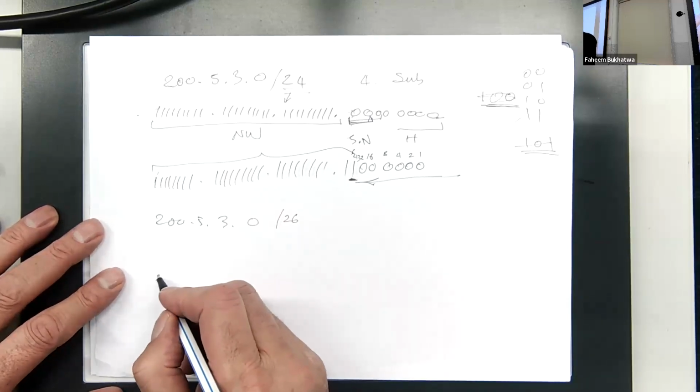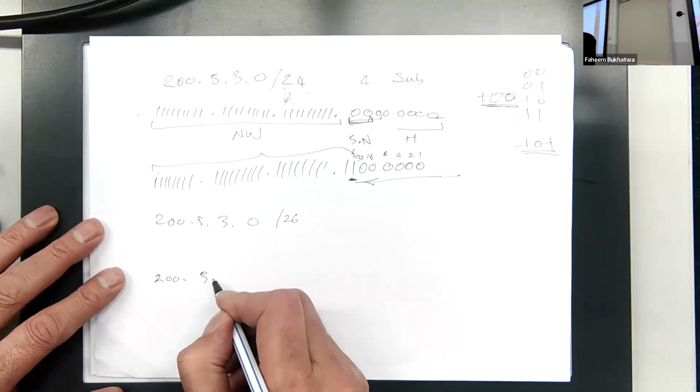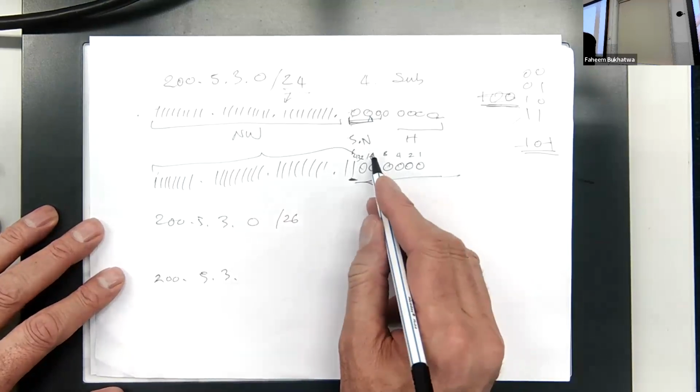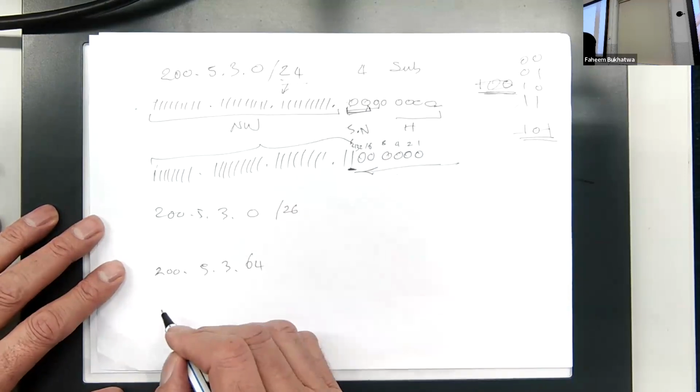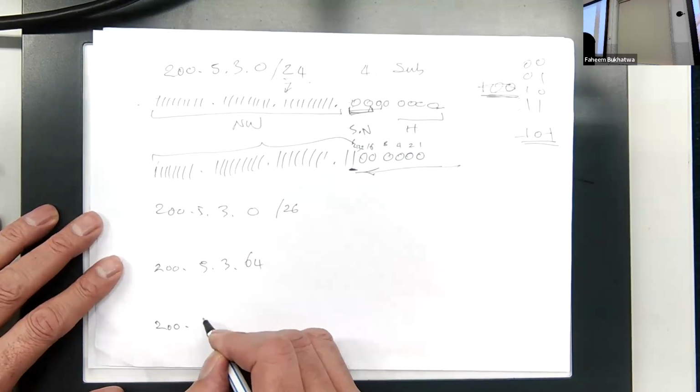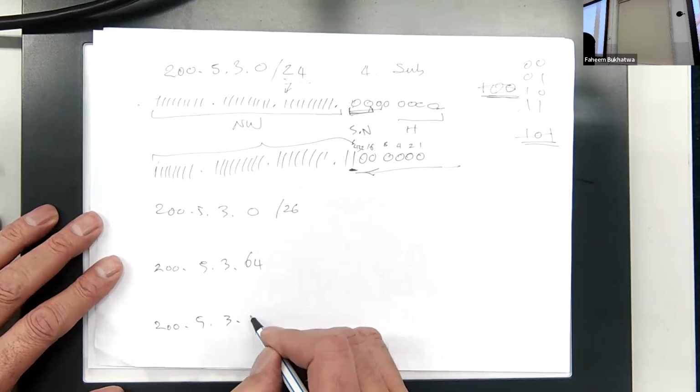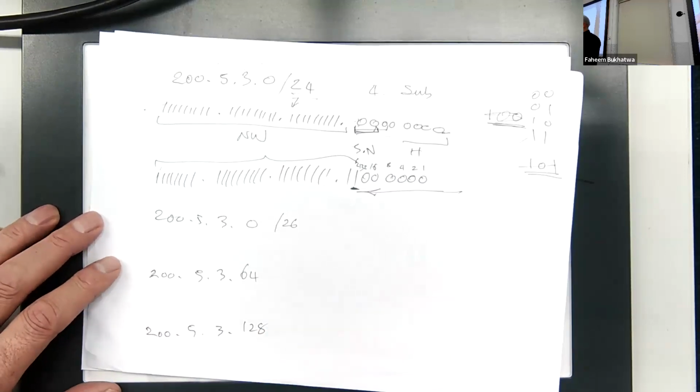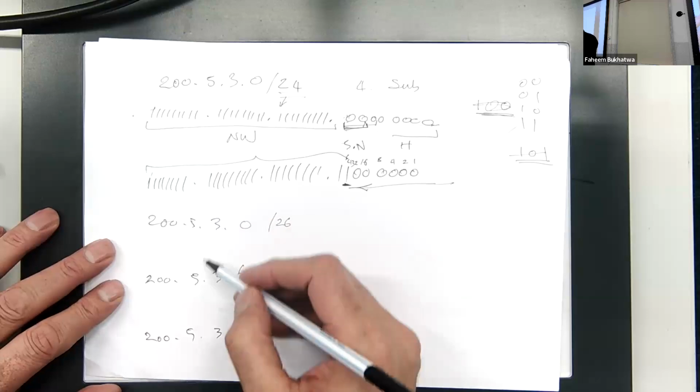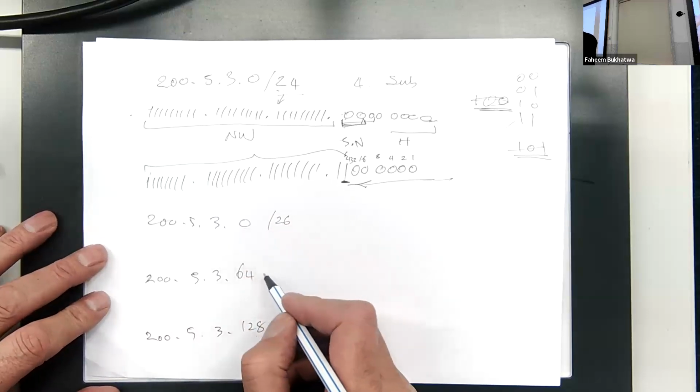The next one is going to be 200.5.3.64. The next one is going to be 200.5.3.128, and you can keep going. For the first subnet, what's the last address?